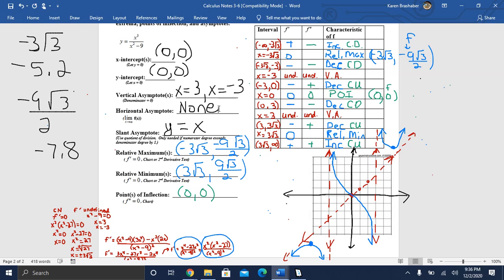Now, you're going to have to do, I think, 6 or 7 of these, and you can see this takes a lot of time, and you just can't afford mistakes on your first and second derivatives. So take your time. Please do not rely on the calculator to do your graphs, or this is going to be a disaster for you when it comes time for the assessment.